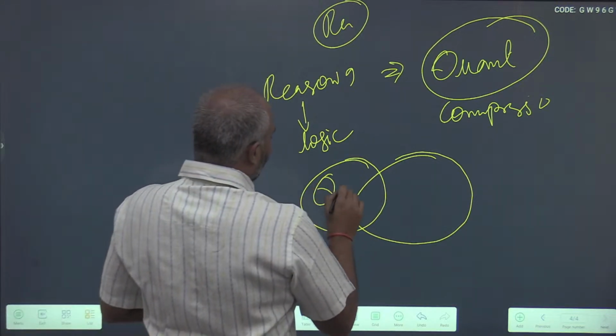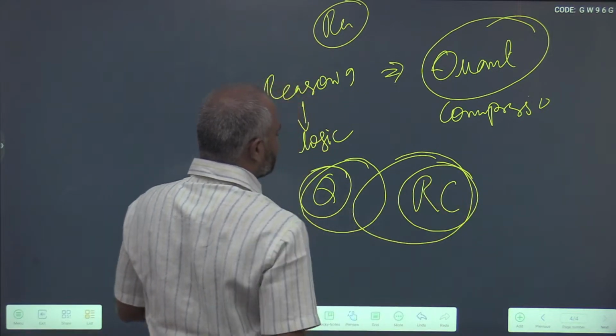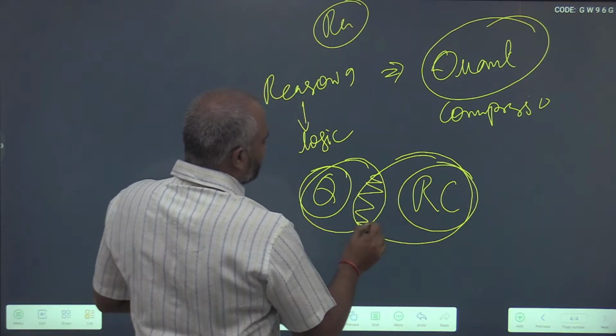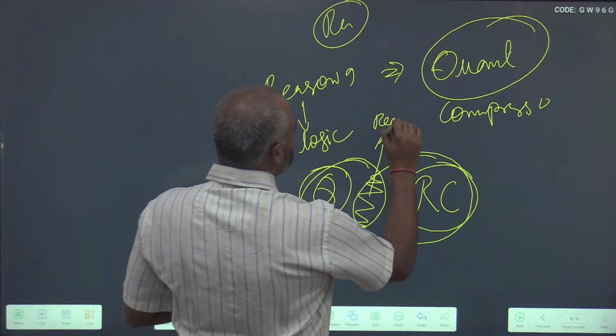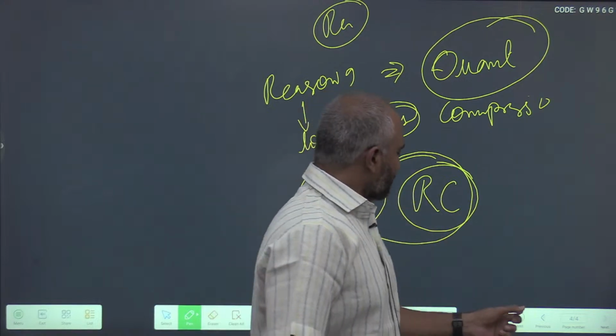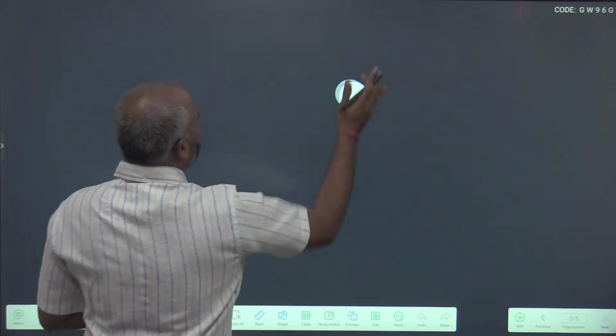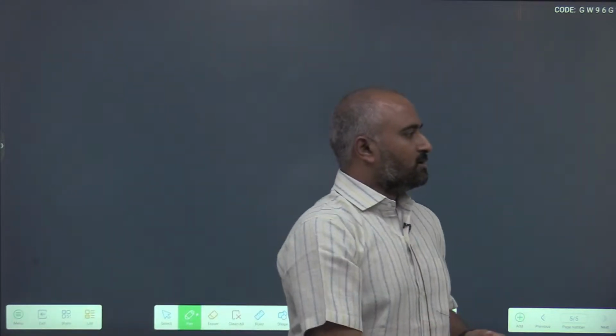There are only two topics that you need to study for the CSAT. One is quant, one is reasoning. The common portion between these is reasoning. And today you will see, once we see how syllogism works, you will understand for yourself that it is nothing much more than comprehending. So let us start with the basics.